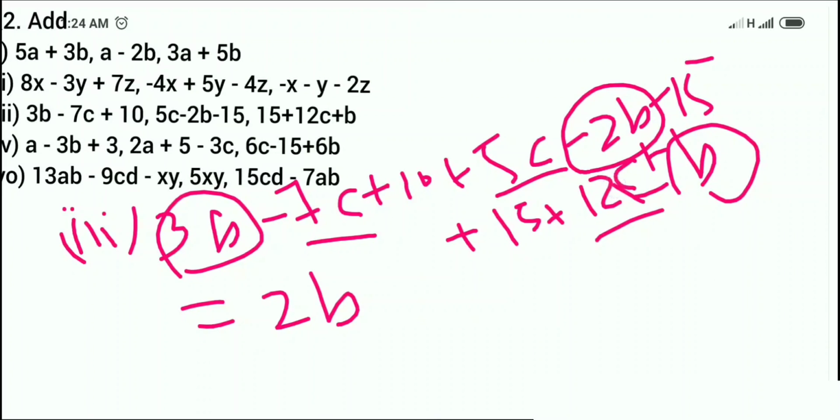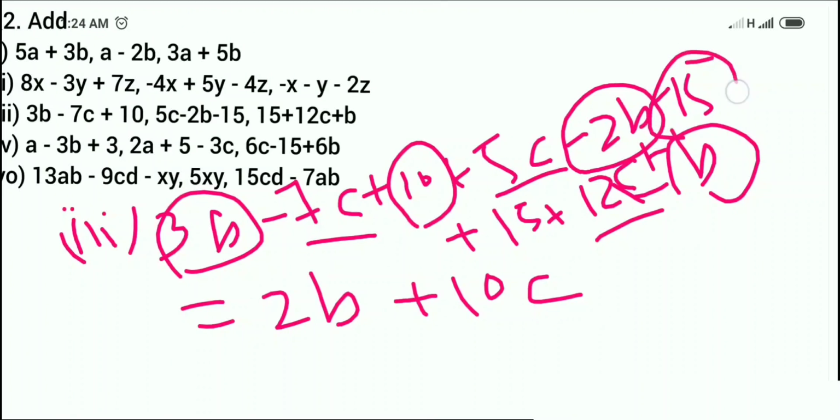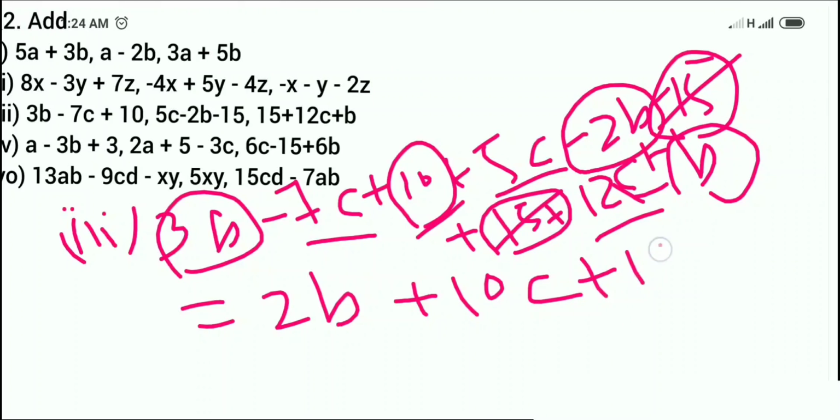It is plus, therefore plus 12c minus 2c is equal to 10c. Then plus 10, minus 15 and plus 15. Plus 15 and minus 15 cancel out and 10 remains, therefore this is plus 10.